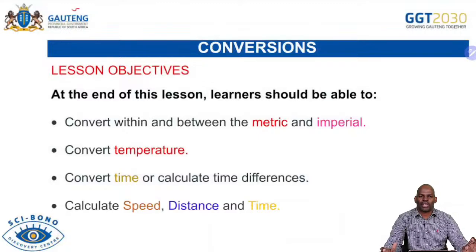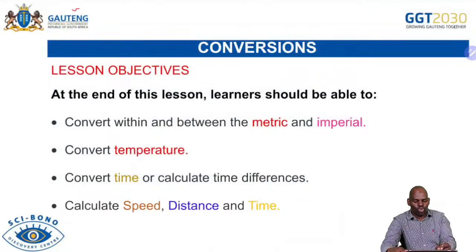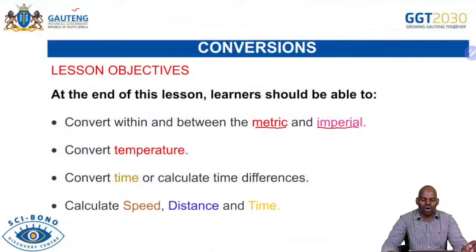So what are you expected to know under conversions? Boys and girls, at the end of this lesson, you must be able to convert between metric and imperial units. You must also be able to convert within.